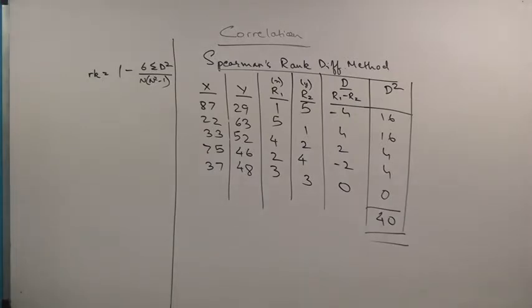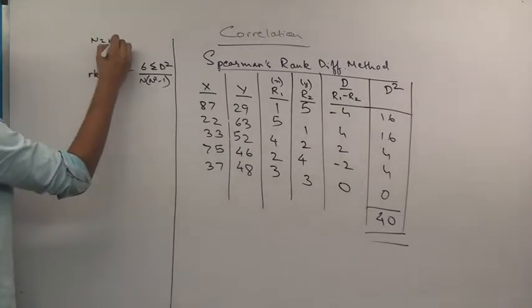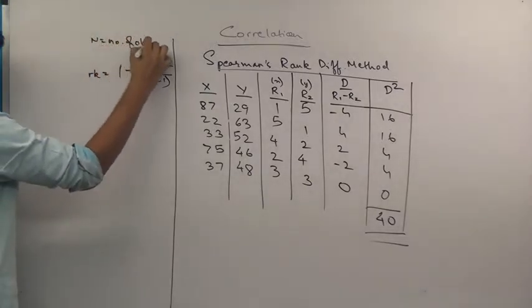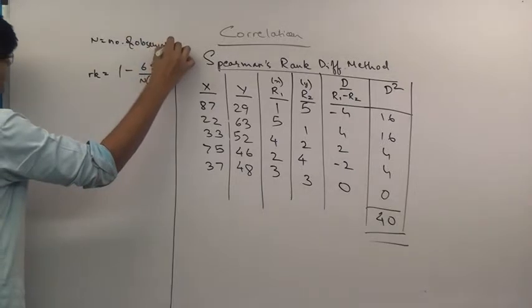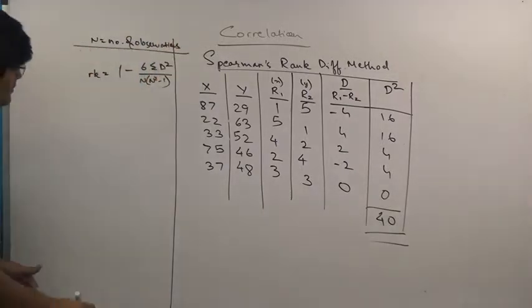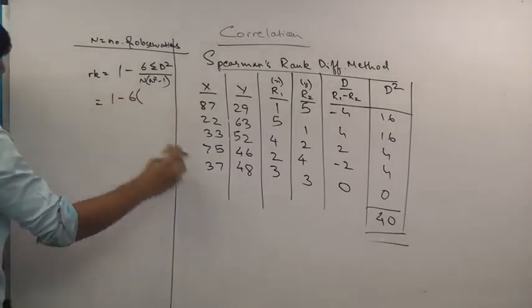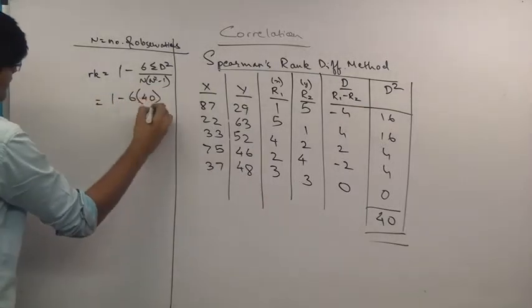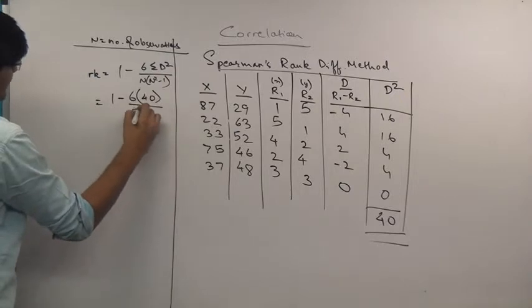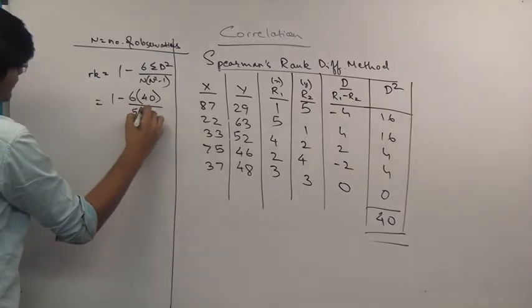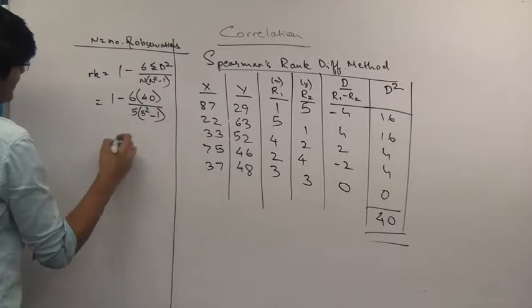Now what is N here? Obviously the number of observations. N is equal to the number of observations, no frequency or anything given. So with summation D square 40, we have 1 minus 6 into 40 divided by 5 into 5 square minus 1.